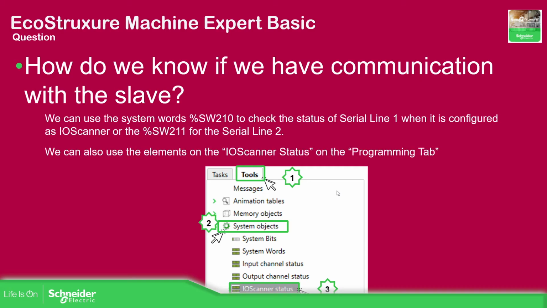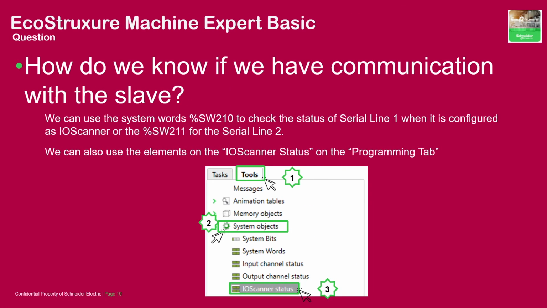This part is already complete. So in order to know why we don't have communication with the device, we have these tools: the IO scanner status, that allows us to check if the offset of the device is wrongly configured or there is another issue.